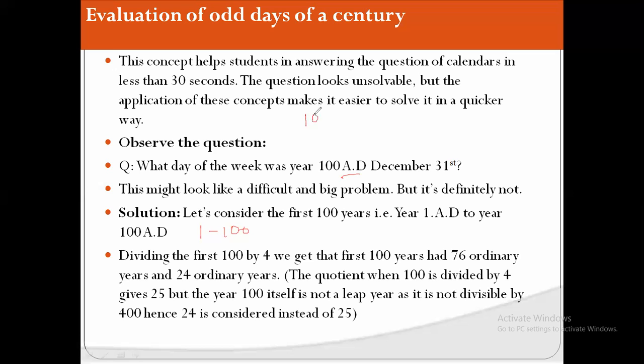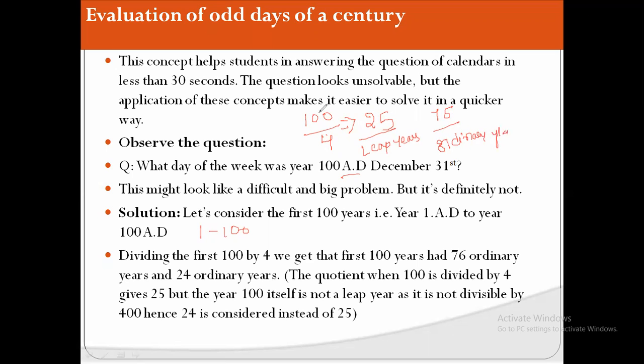So if we divide this 100 by 4, because first of all we want to know how many leap years and how many ordinary years there are, we get 25. If it is divisible by 4, that means 25 leap years, whereas 75 are ordinary years.